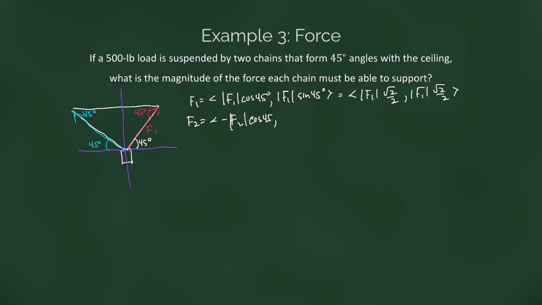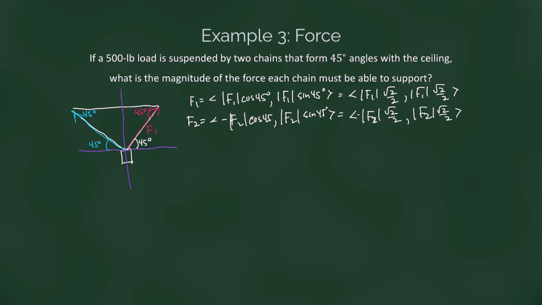Sine is still positive in that quadrant, so we have the magnitude of F2 times the sine of 45. And so we get that F2 is the vector negative magnitude of F2 root 2 over 2, and then positive magnitude of F2 root 2 over 2.